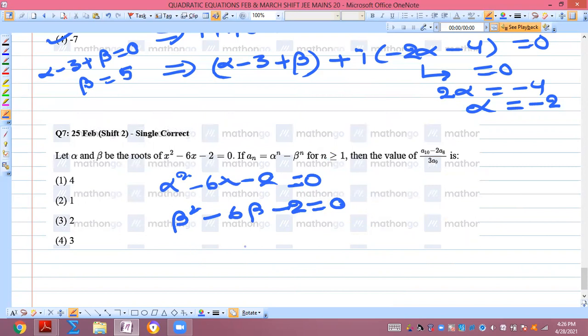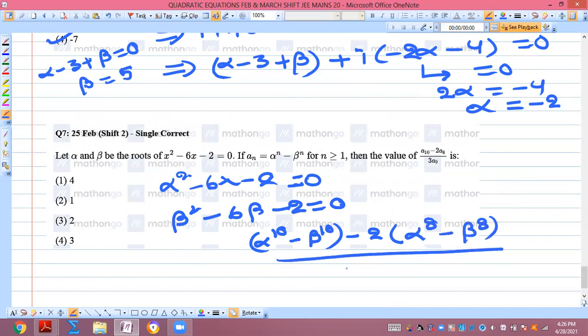So A10, that is alpha power 10 minus beta power 10 minus 2 into A8, alpha power 8 minus beta power 8, by 3 into alpha power 9 minus beta power 9. This is the information we have.